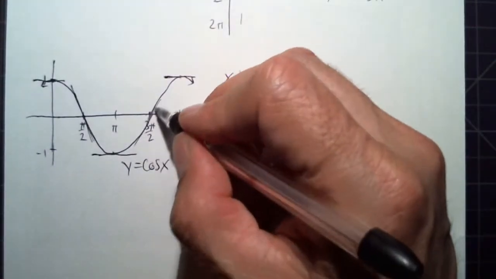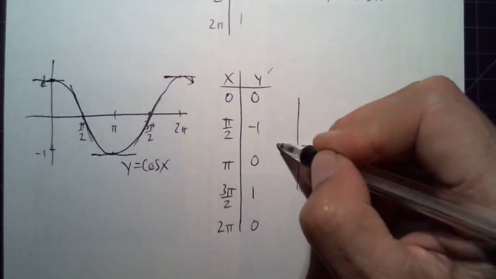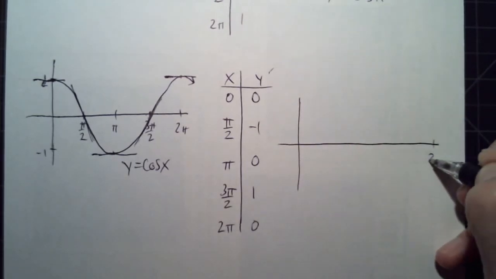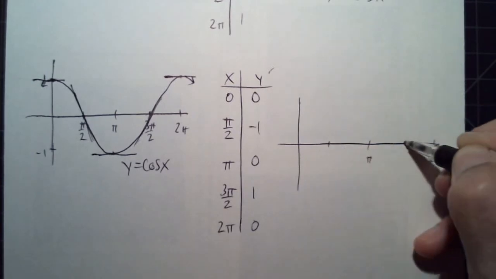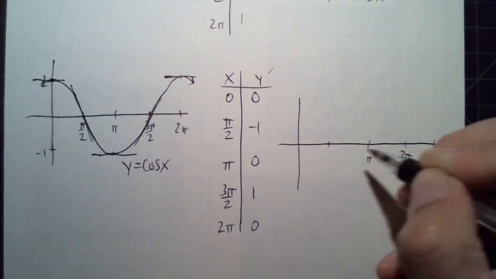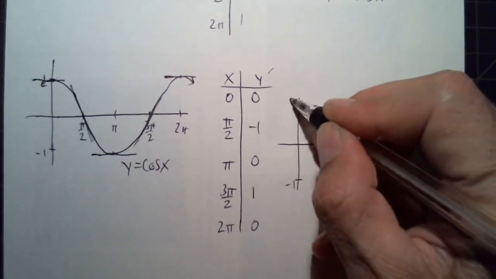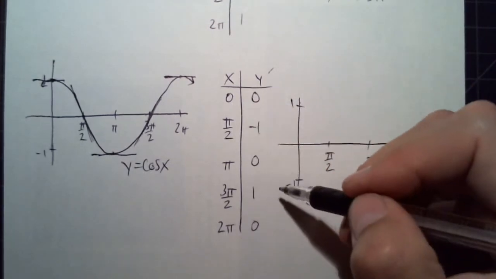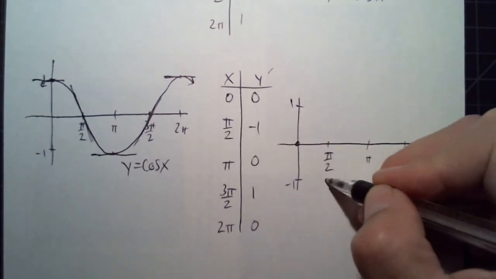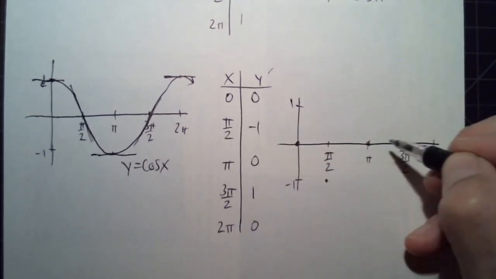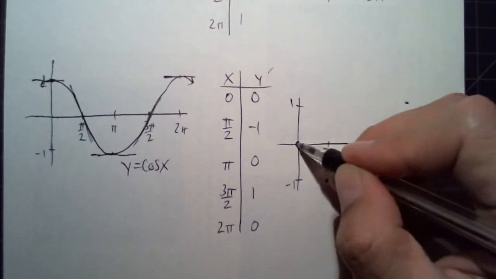At 3 pi over 2, +1. So plotting these points, we have 0, 0, pi over 2, -1, pi 0, 3 pi over 2, +1, and then back down to 0.